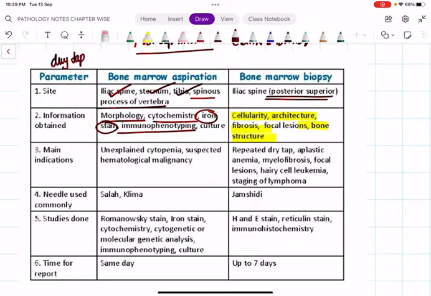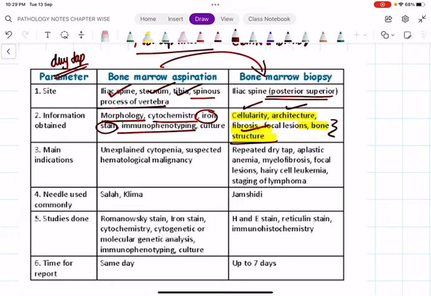So in all conditions where the bone marrow is fibrosed, we cannot do a bone marrow aspiration. In all those conditions we will do a bone marrow biopsy, because in bone marrow biopsy we are going so deep that cellularity, architecture, fibrosis, bone structure, focal lesions, everything can be very clearly made out.